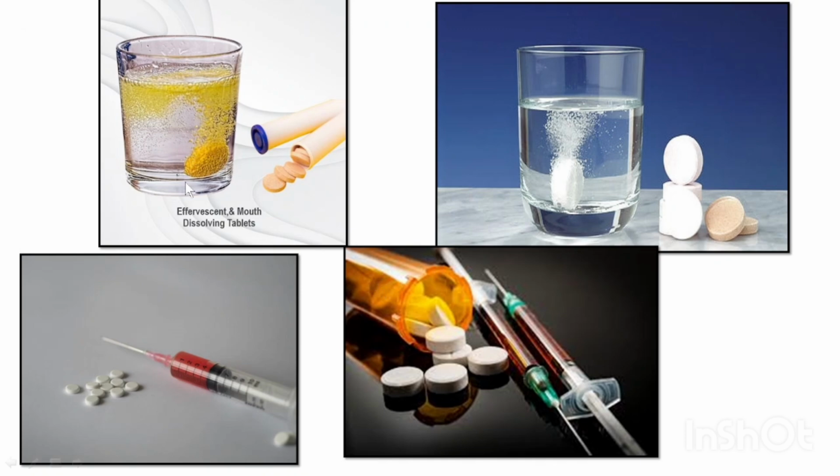So here we can see the effervescent tablets. Here the tablet in the dissolution medium shows the effervescent action. Here also, the hypodermic tablets dissolve in a sterile solution and are taken as an injection form of dosage form.